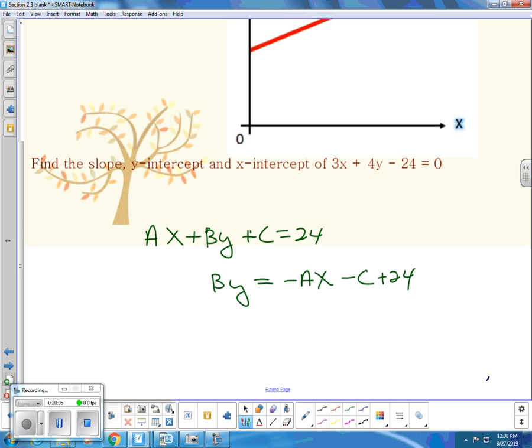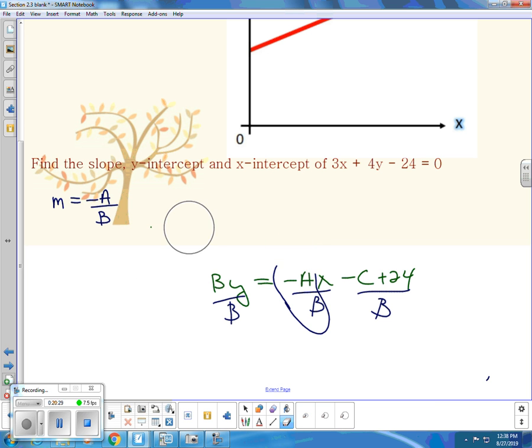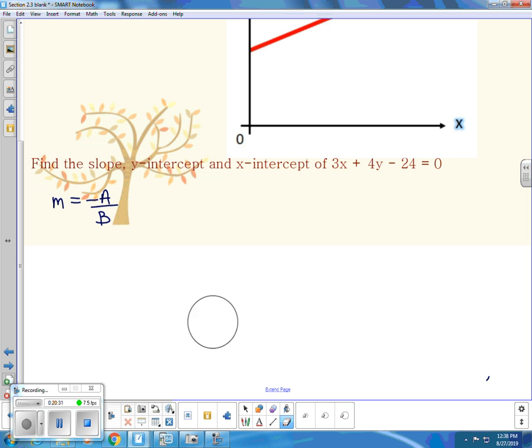Divide by b. So what's my slope? Negative a over b. So the slope of a line in general form is negative a over b every single time. So we don't have to redo that every time. We just need to be able to say, hey, what's my a, what's my b? So what's the slope of this line? Negative 3 over 4. The opposite of that a coefficient over the b.